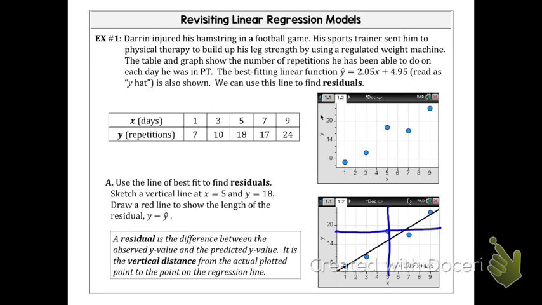All right, so then it says to draw a red line to show the length of the residual, which is our actual value minus our predicted value. So right here was our actual value, and we're going to draw a line between it and that line of best fit. That is the residual. And so we can do that on each one of them.